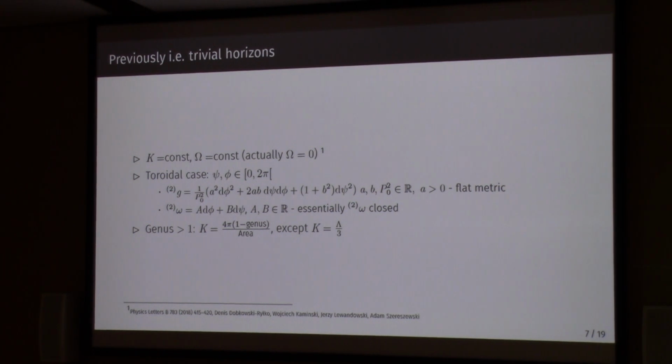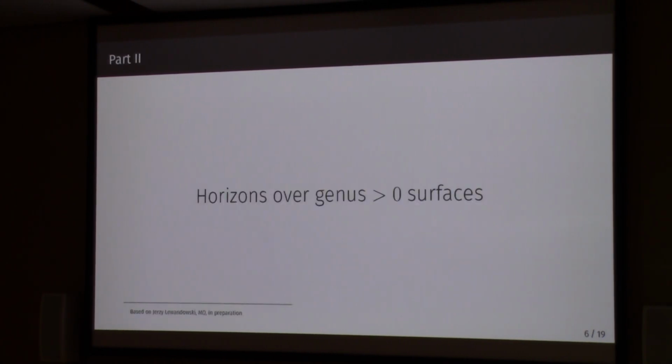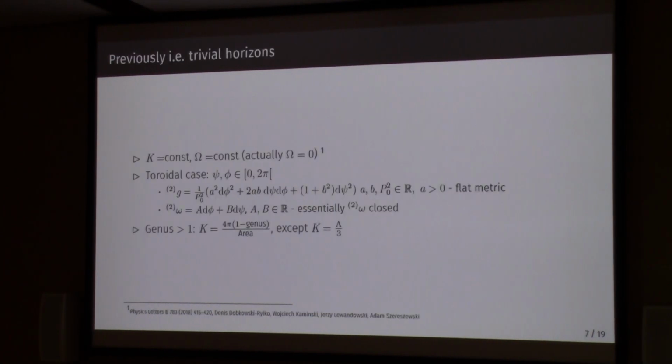And for the higher genus, what can be shown is that the case is expressed by genus and area, except for where k takes a special value, which makes this invariant vanish. So that's why we exclude it.